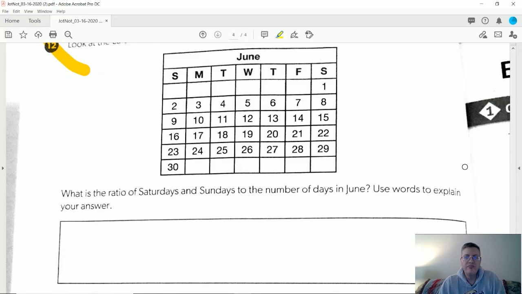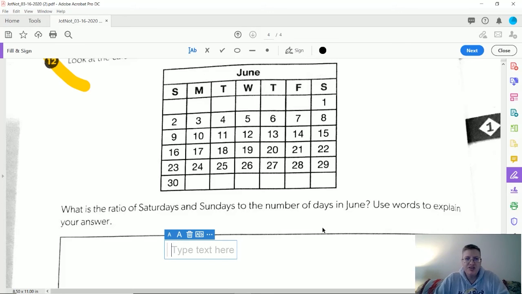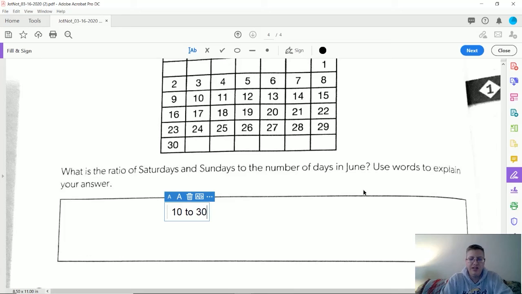And the last one, I will switch back to this so I can type. And what is the ratio of Saturdays and Sundays to the number of days in June? I have 5 Sundays and I have 5 Saturdays, which would give me 10 to 30.